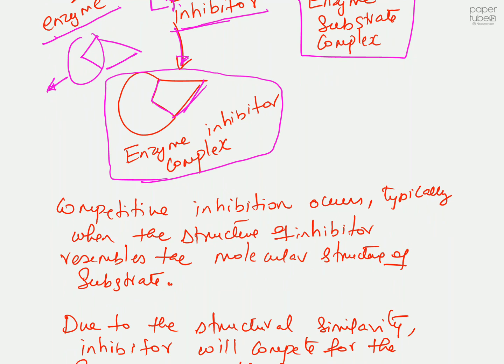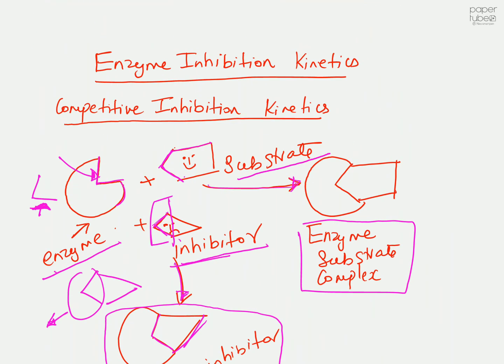If you look at the molecular structure, you have a binding pocket on the enzyme, and a site on the substrate and a site on the inhibitor. They can exactly come and fit into the binding pocket on the enzyme. So both substrate and inhibitor compete for the same site on the enzyme. That's why we call this type of inhibitor a competitive inhibitor.